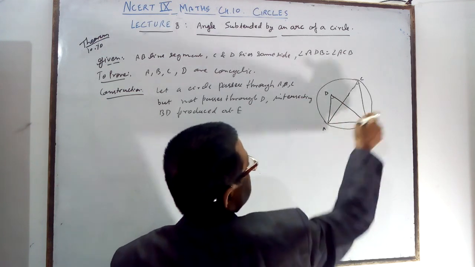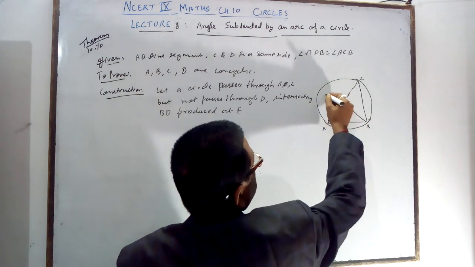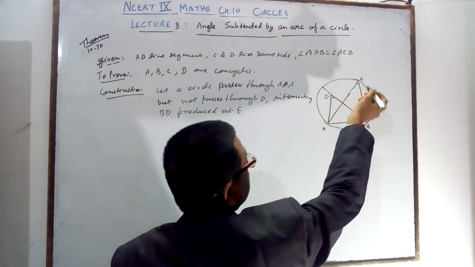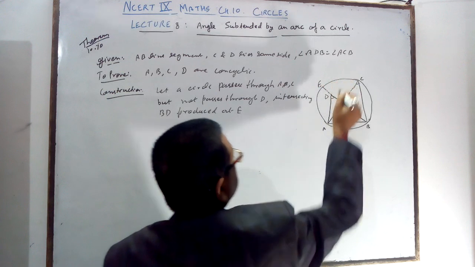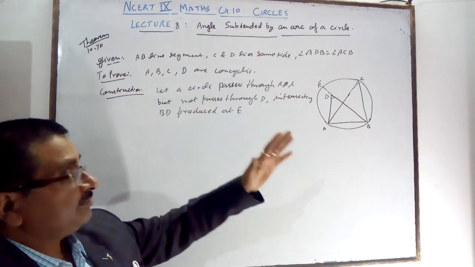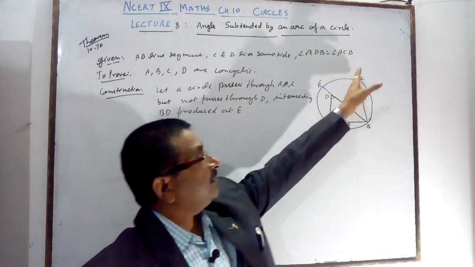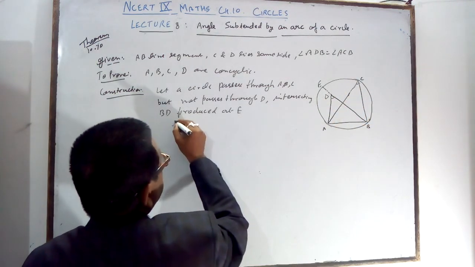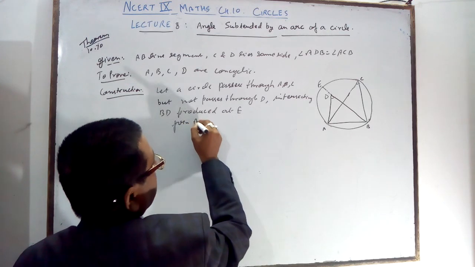The circle passes through ABC and intersects BD directly, or when produced at a distance, at E. Join AE.